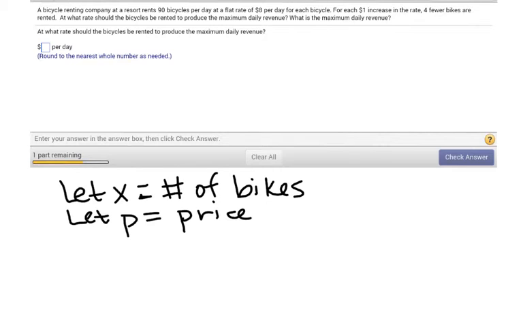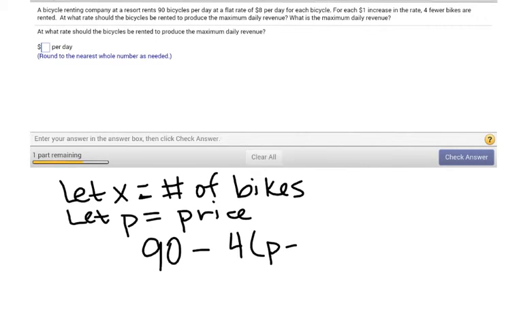So we can rent 90 bikes if we only charge $8. But we're going to lose bikes for every dollar that we increase that $8 rental fee. We're going to lose 4 bikes every time we increase it, so 4 bikes times however many dollars we increase our rate.